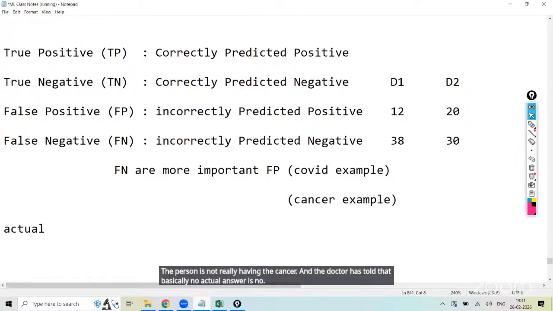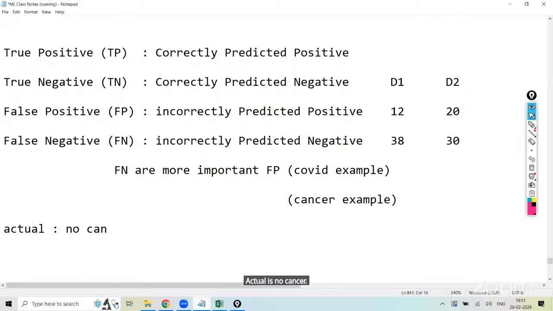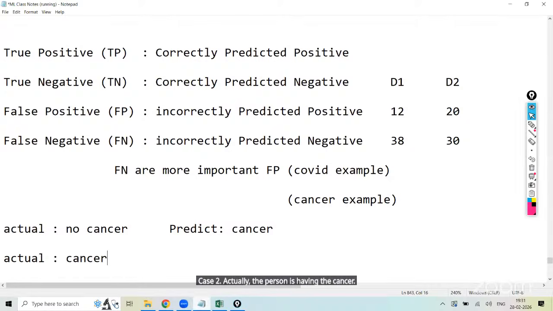Actual is no cancer, predicted as cancer. This is case 1. Case 2: actually the person is having cancer, and the doctor predicted no cancer. Now, for these two examples, which is more important, which is less important? Tell me.